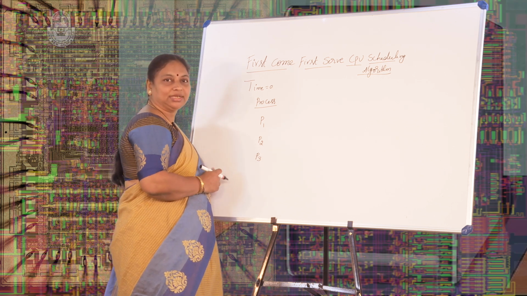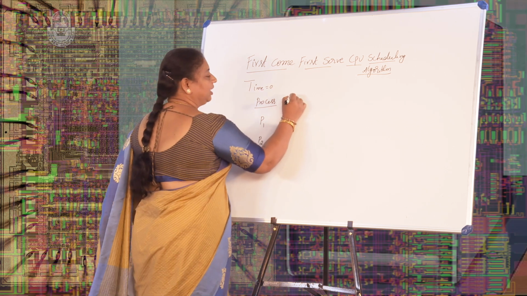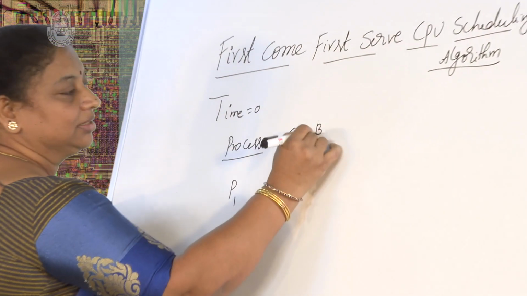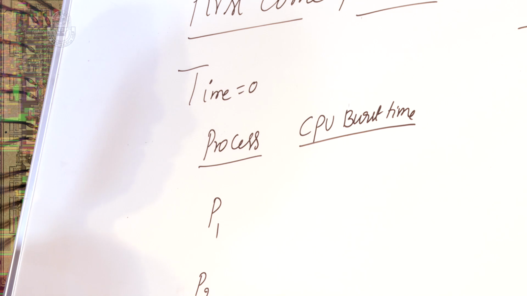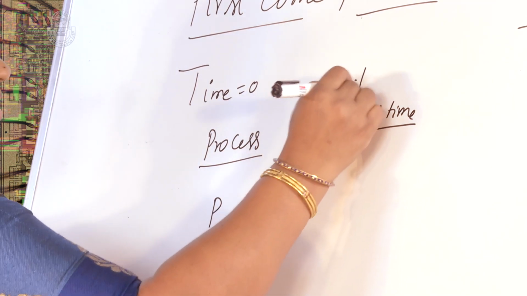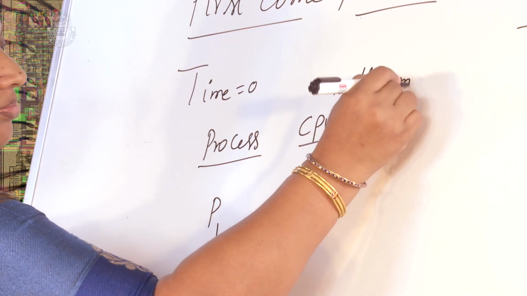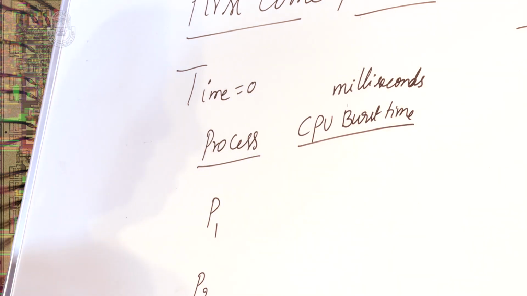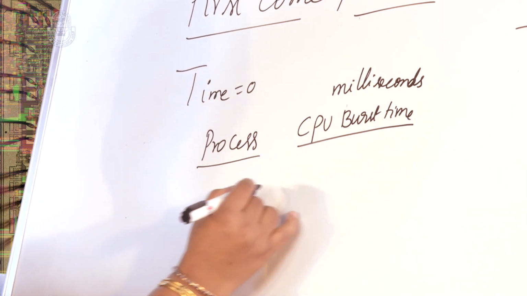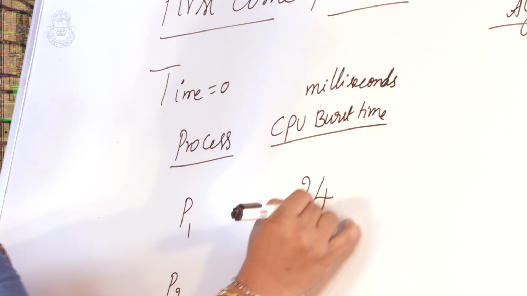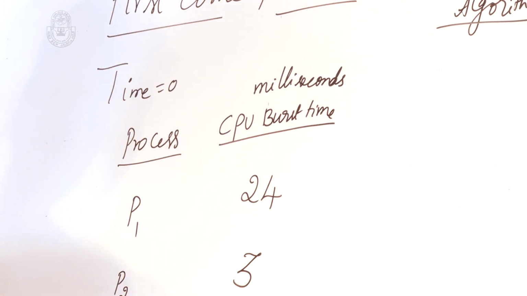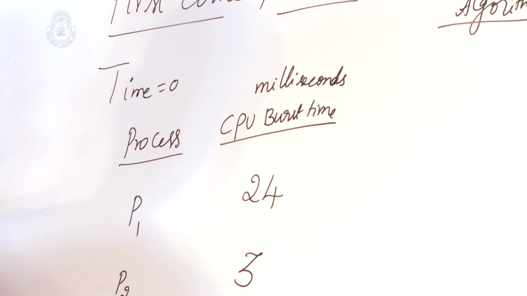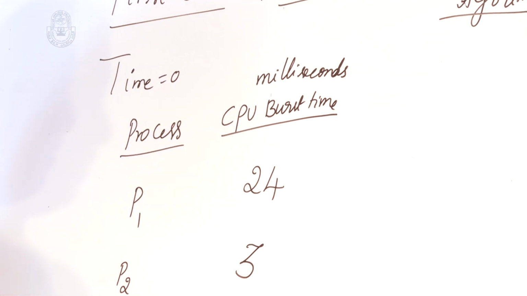They require CPU burst time in milliseconds. Assume that P1 requires 24 milliseconds, P2 requires 3 milliseconds of CPU, and P3 requires 3 milliseconds of CPU.